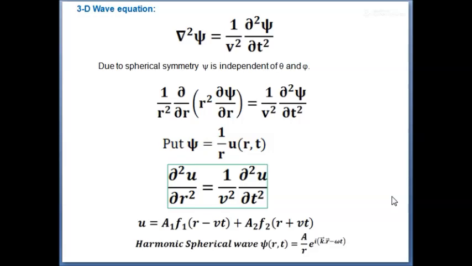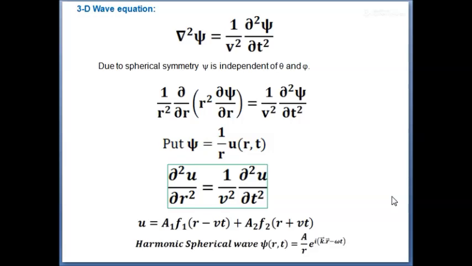Now as the wave is spherical, basically the radius is going to change, and the wave function psi must be independent of theta and phi, as the wave function has spherical symmetry. Because of spherical symmetry, the wave function will be independent of theta and phi.